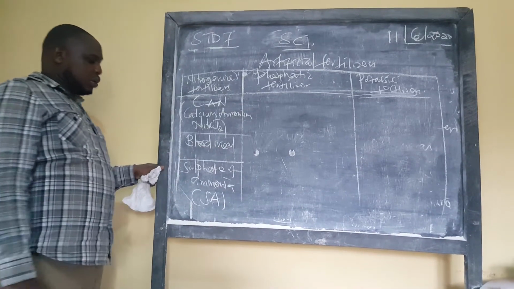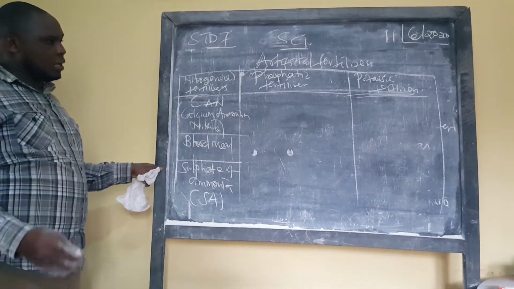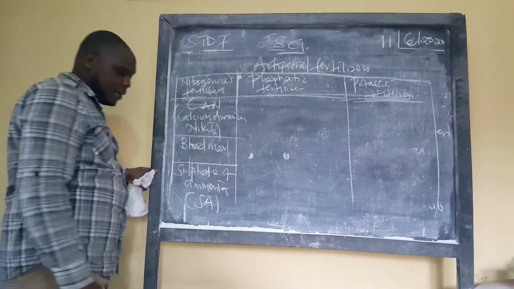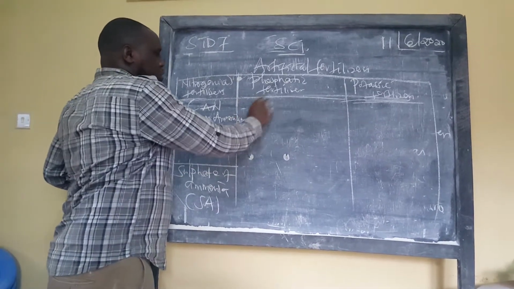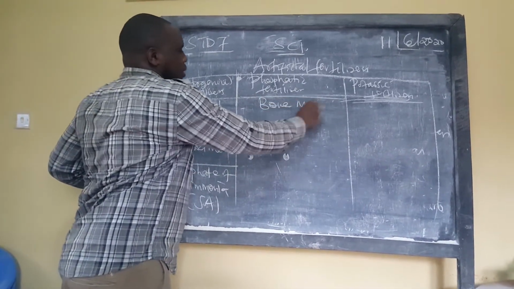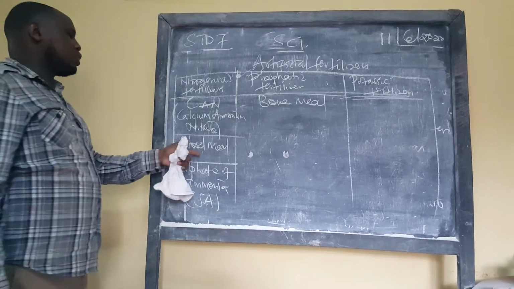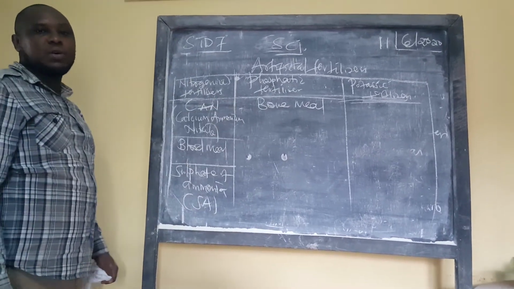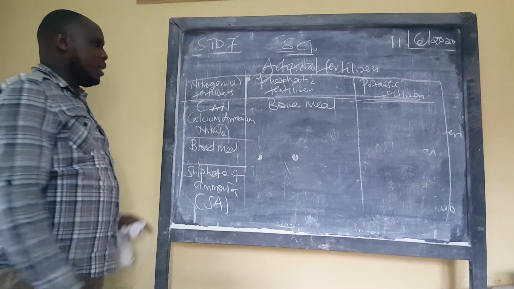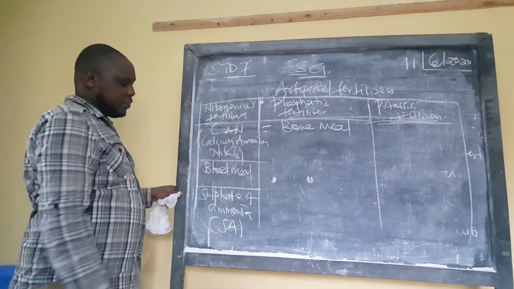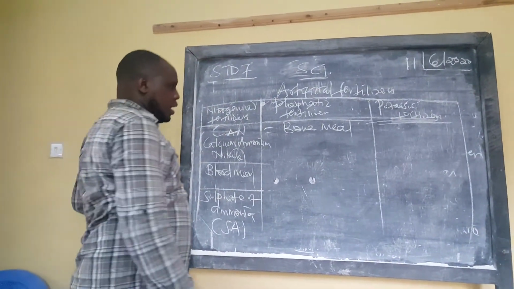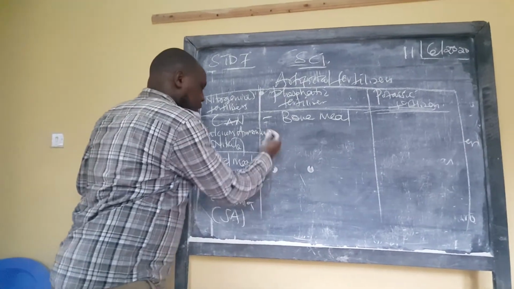There is another one called basic slag, and the rest. I'll explain that later. Then here we have what we call the bone meal. If this one is from blood, this of course is from bones of animals. Bone meal is a phosphatic fertilizer. Then we have what we call the SSP.